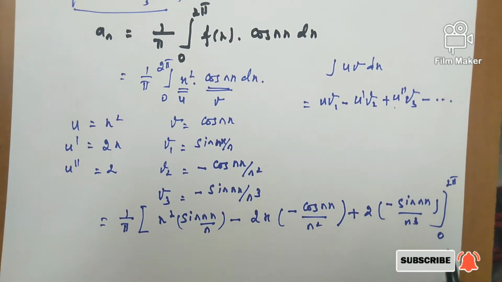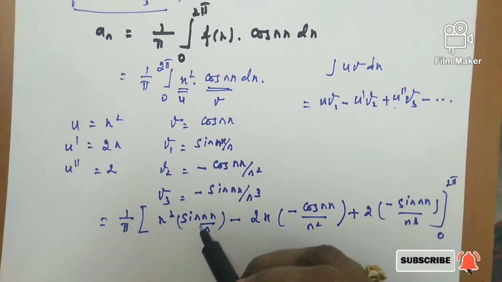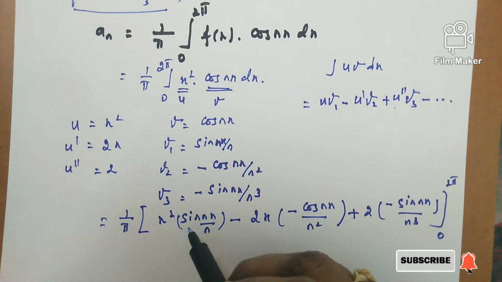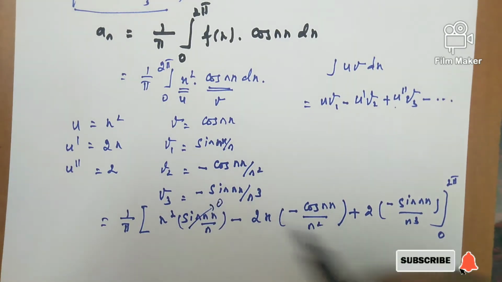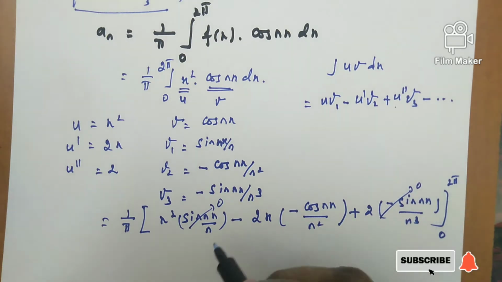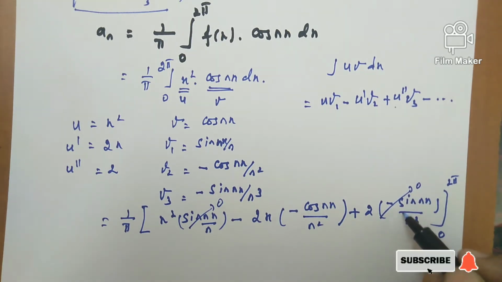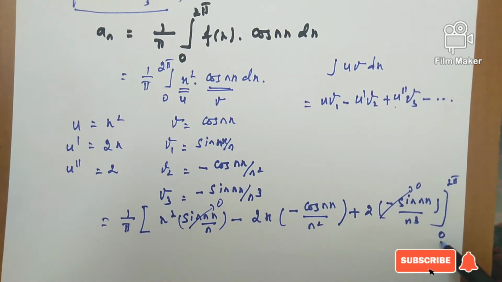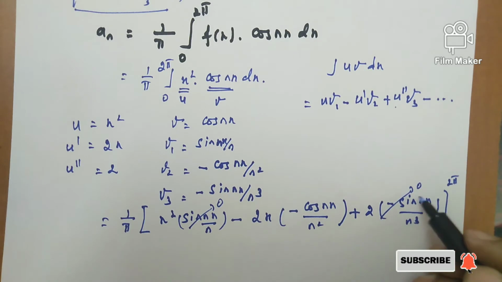If a term involves sin with pi, we can make it 0 even before applying the limit, because at the upper limit you get sin 2n pi, which is 0, and at the lower limit sin 0 is 0. So there is no need to apply the limit; you can strike out the term.